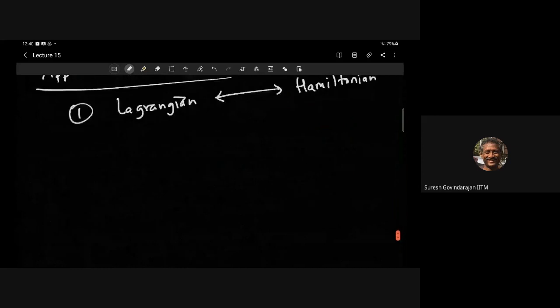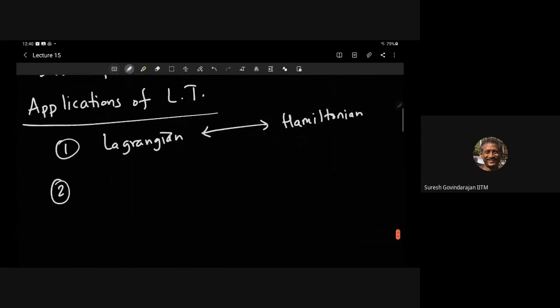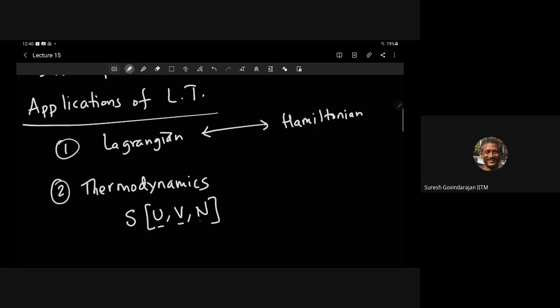The second application is in thermodynamics. In thermodynamics, there are a plethora of what are called state functions. For instance, if you have an ideal gas of particles, or any gas, it doesn't matter, the state of the system is given by giving internal energy, volume, and number of particles, and this is something called the entropy.